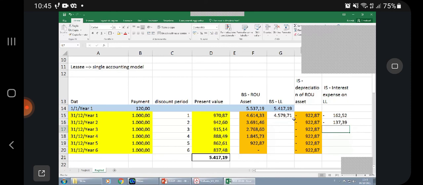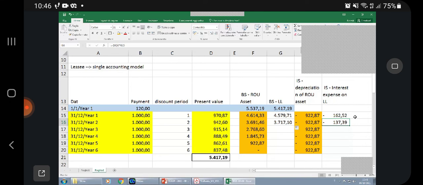So the lease liability is the lease liability at the end of the previous period minus the amount reimbursed. And the amount reimbursed is the difference between 1,000 and 137. In the second year, we always pay 1,000. But since the amount of interest is smaller, the amount of principal reimbursed is higher.